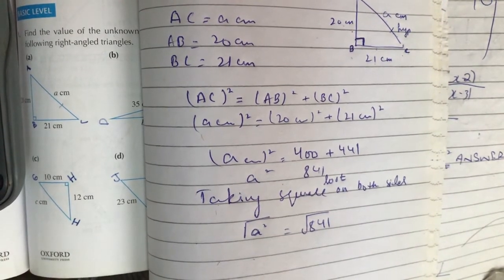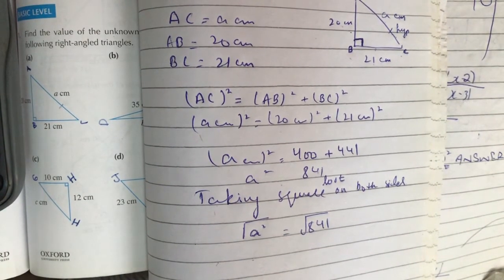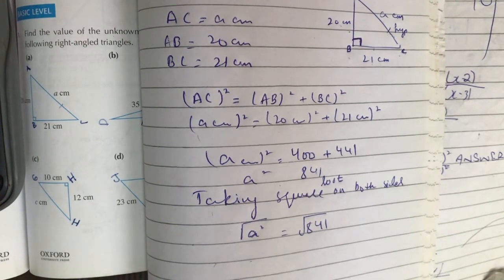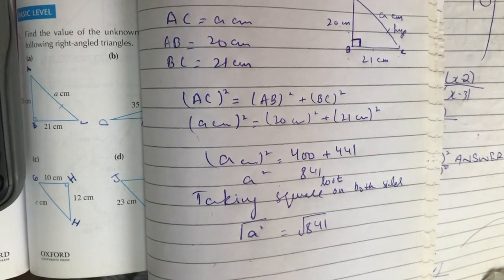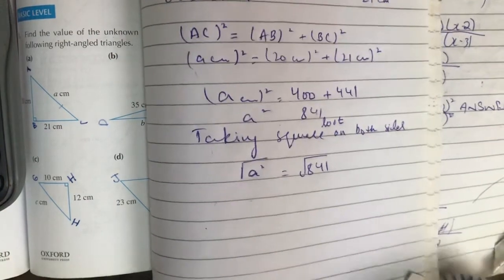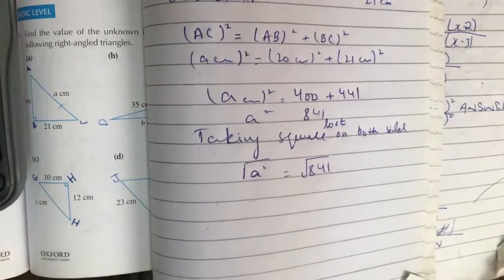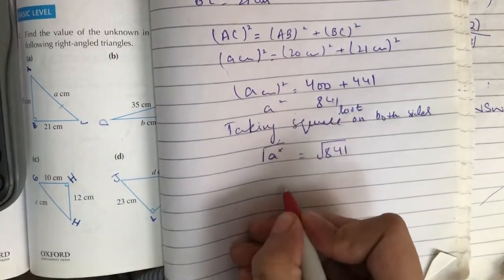You know that a square root always cancels with a square. This square is cancelled with the square root.